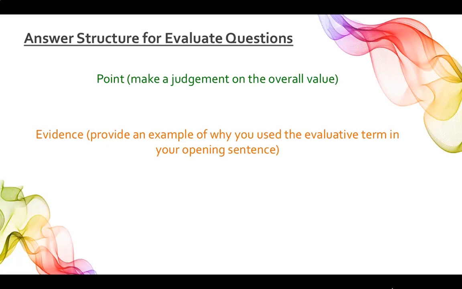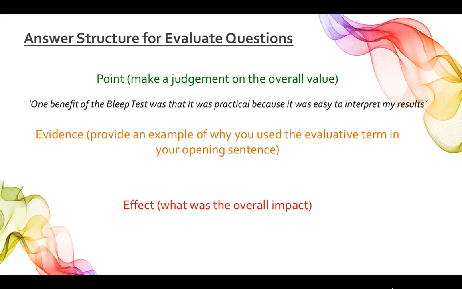Once you've got that evidence, you're then going to tell me what the overall effect of that was on that whole process. So, if we take one benefit of the bleep test being that it's practical because it's easy to interpret results, the first thing we notice is that word benefit. That's our evaluative term.